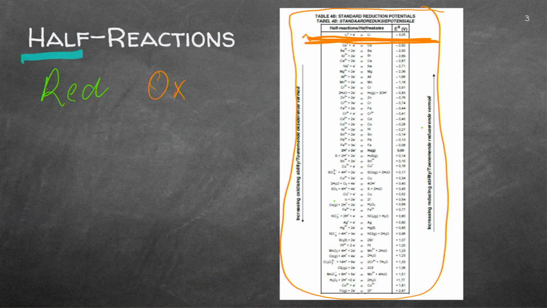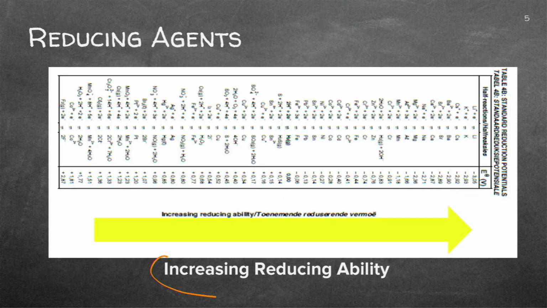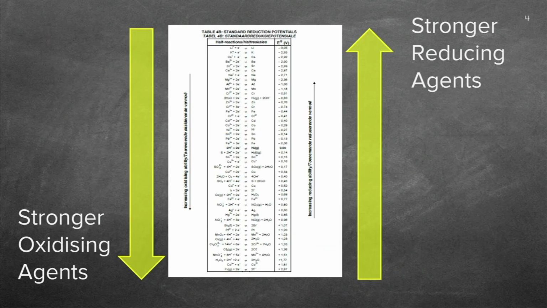So let's have a look at the specific table. You'll see this table will have on this side here an arrow, as well as on this side an arrow. Now I'm going to magnify those arrows so that we can see what it means. If you turn the page, you'll actually see it's the increasing reducing ability. It actually says that at the top you have the stronger reducing agent.